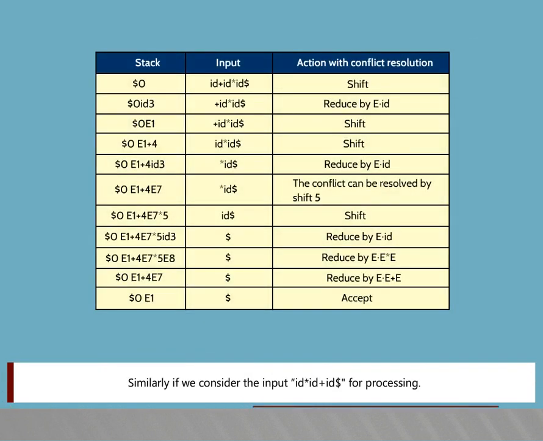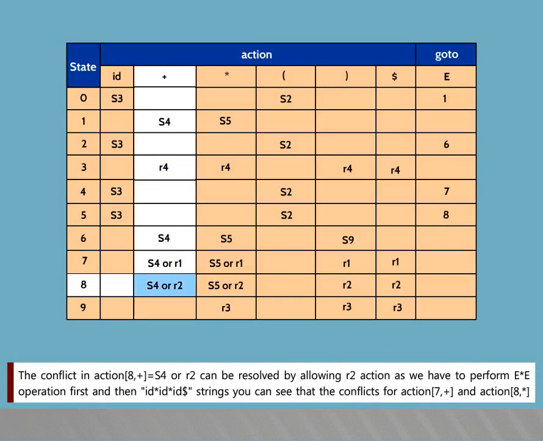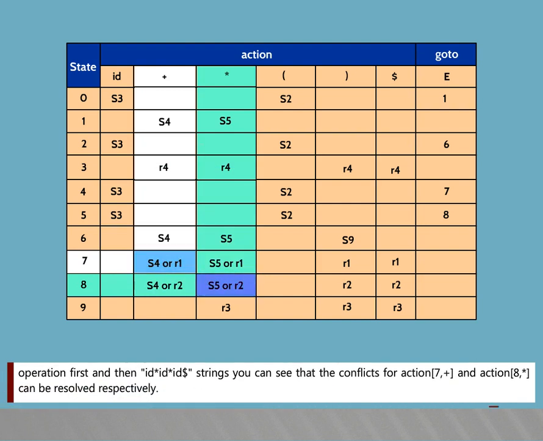Similarly, if we consider the input id * id + id $ for processing, the conflict in action[8, +] = S4 or R2 can be resolved by allowing the R2 action, as we have to perform the E * E operation first. You can see that the conflicts for action[7, +] and action[8, *] can be resolved respectively.